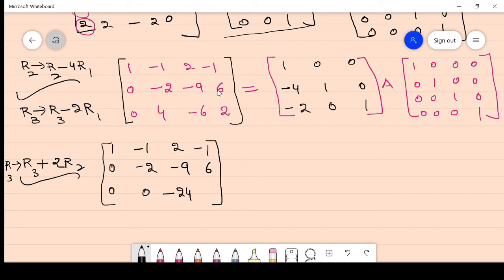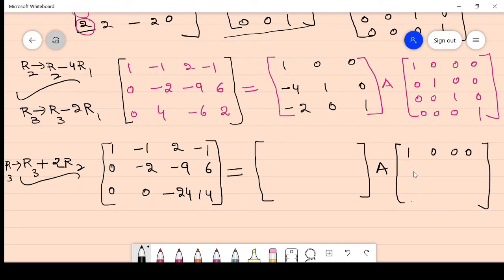So this is 12 plus 2, 14. So this will be 14. Again this matrix will affect the first matrix, the second will be the same. There will be no effect on this matrix.